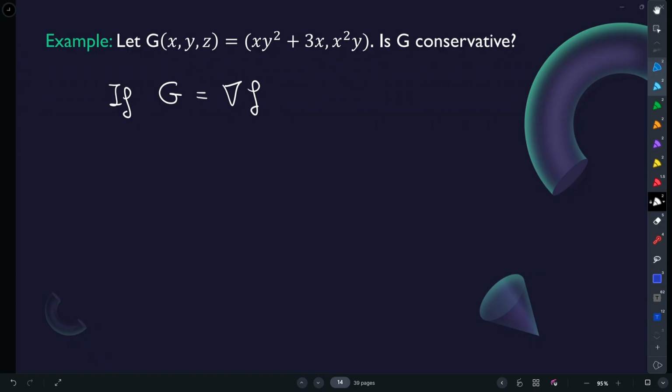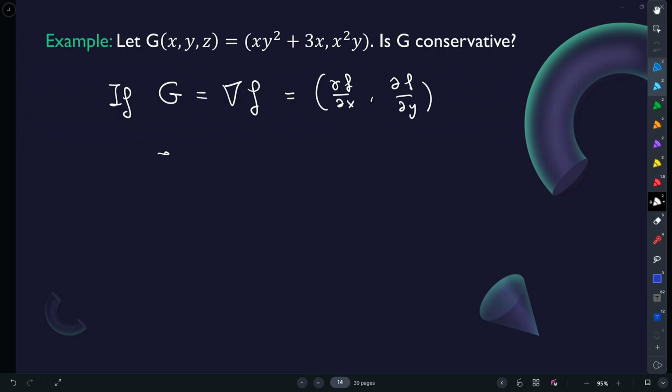If this is a vector field, then each of those components has to be a partial derivative, with respect to x and with respect to y, of some function f. But remember that if this is conservative, that means that there is a function f that is continuous, differentiable, that has this property. But those functions satisfy Clairaut's theorem, which is that the second mixed derivatives have to be the same.